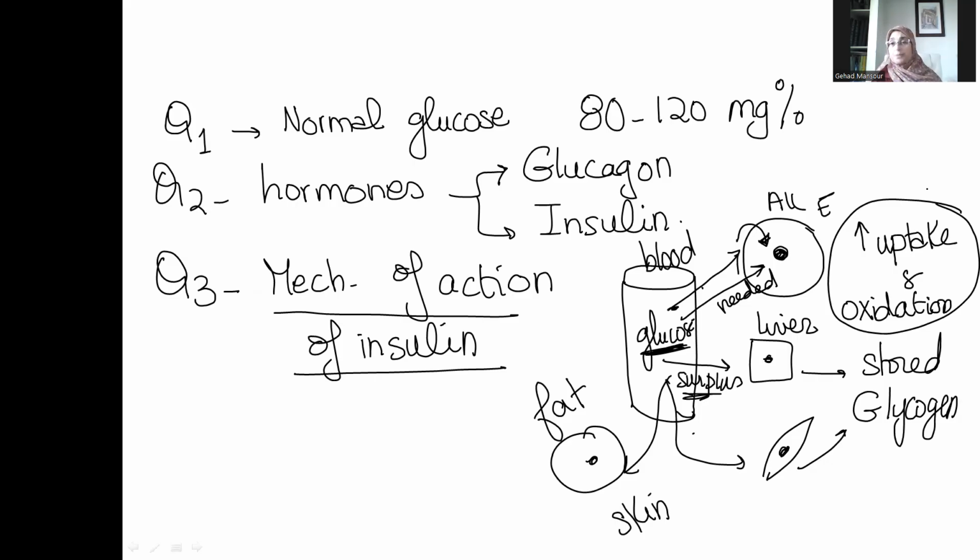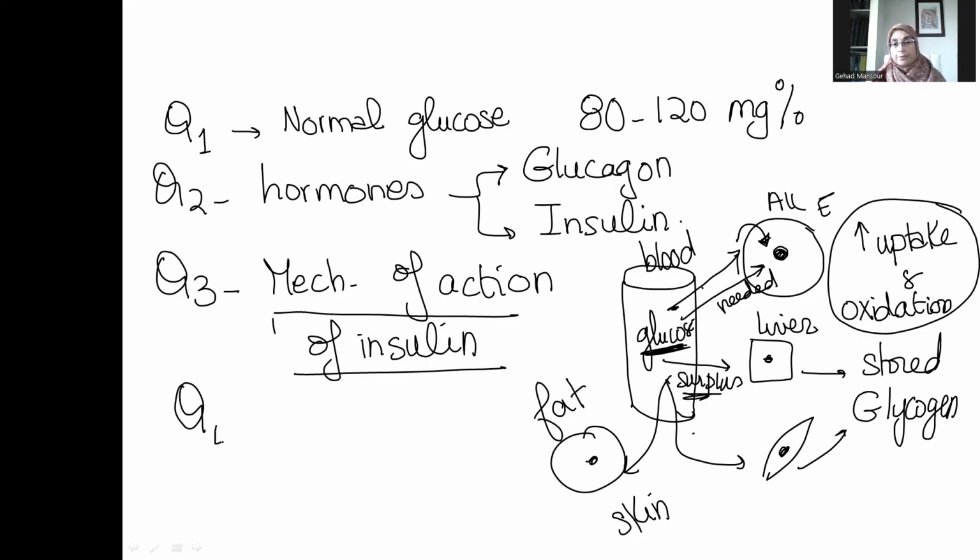But the surplus reaches either the liver or the muscles or the fat cells under the skin. So in all these conditions, insulin is actually taking the glucose from blood and delivering it to the cells. So this is the mechanism of action of insulin.